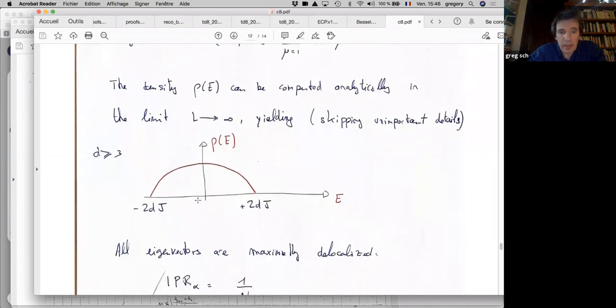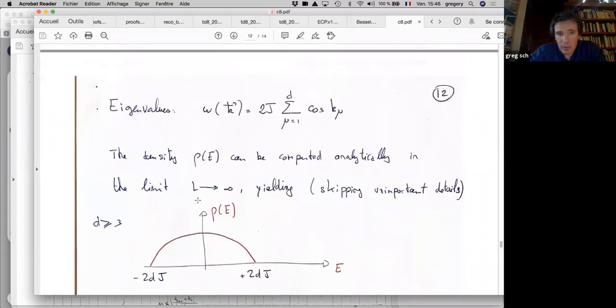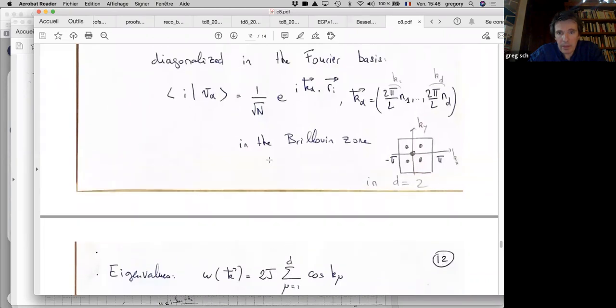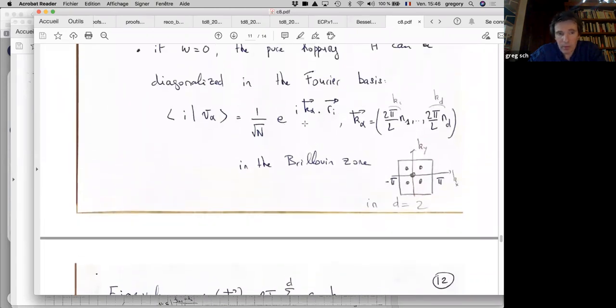What about the eigenvectors? We got them here, and they have this nice and simple expression. It's also clear that for the product of I with V alpha, if I take the modulus square, they do not depend on Ri anymore. In other words, these states are fully delocalized, in the sense that they have a non-zero component on each of the sites of your lattice.